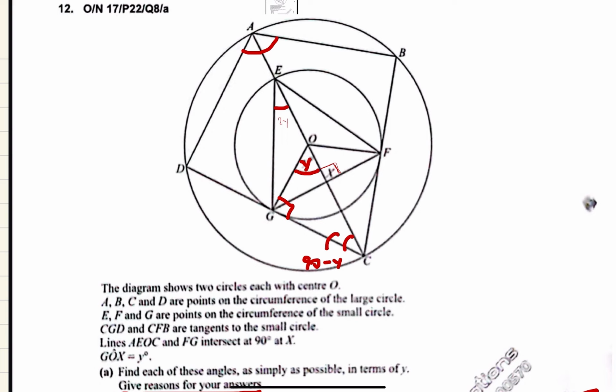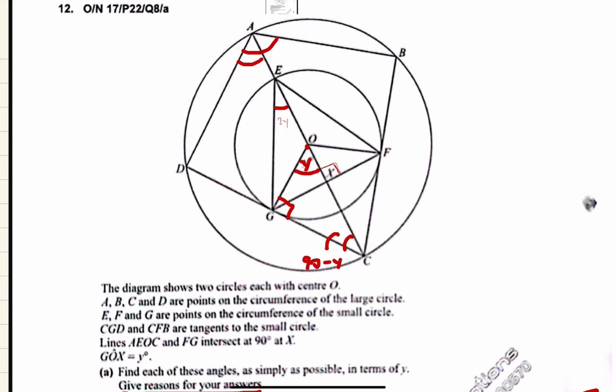So you need to work out DAC first, and of course multiply this by 2. So how can we do that? The center is y, right? Okay, this is 2y. Then DAC, okay.